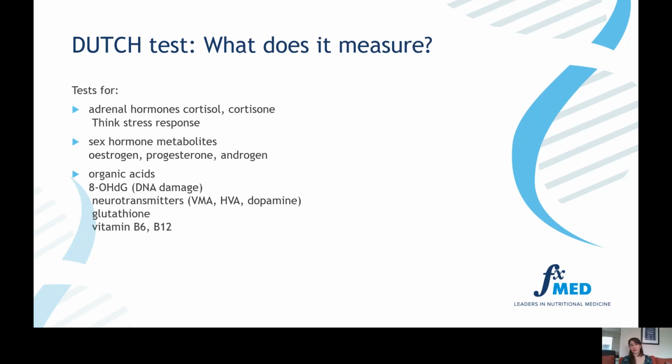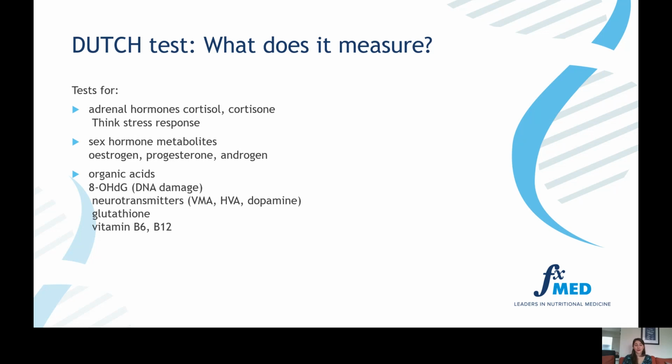What does the DUTCH test measure? The DUTCH test looks at the adrenal hormones, including cortisol and cortisone, the less active form. Think about how the body is responding to stress. It also looks at sex hormone metabolites: estrogen, progesterone, and androgens, as well as organic acids. We look at 8-OHdG, which can indicate DNA damage.